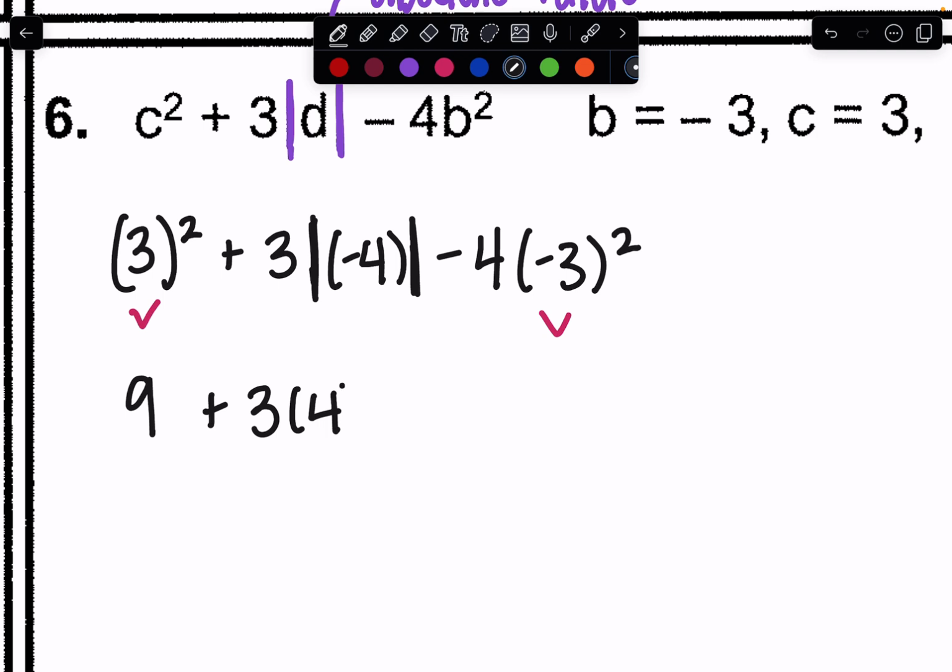Just a regular 4, right? So we can get rid of the bars now. When I get rid of the bars, that means I drop the negative. But notice how I'm still keeping those parentheses there. That's still multiplication. All I did was get rid of the negative, because that's what the bars tell me to do. Then I can write 4, but now I know that -3 squared is 9. So I only changed those few things: those squares, my exponents, and then I dropped the negative with my absolute value.